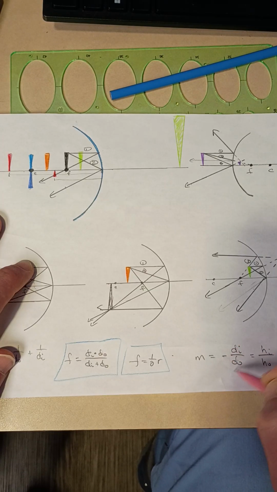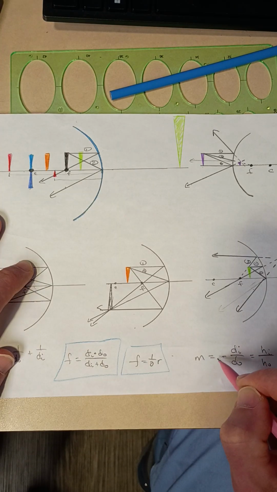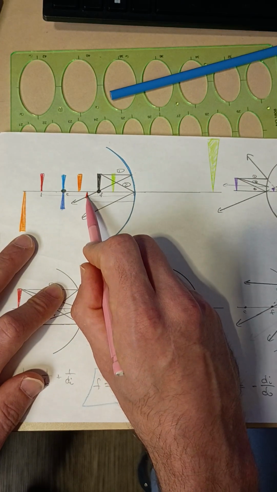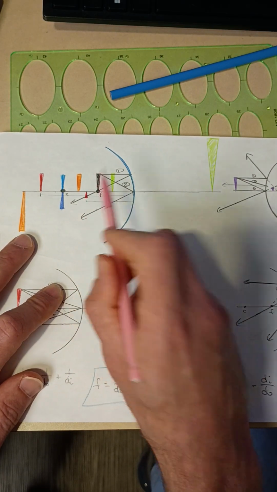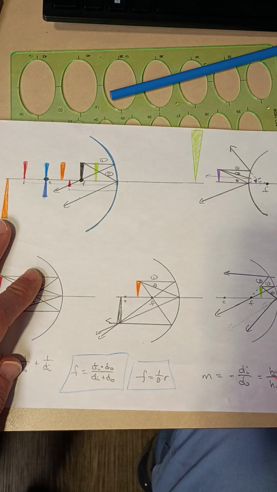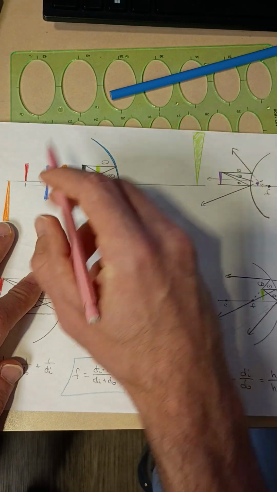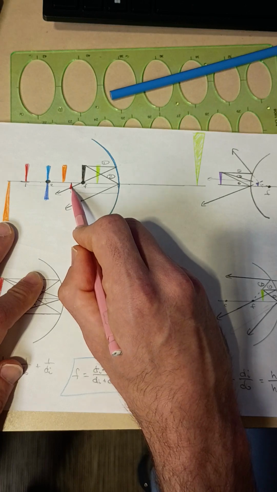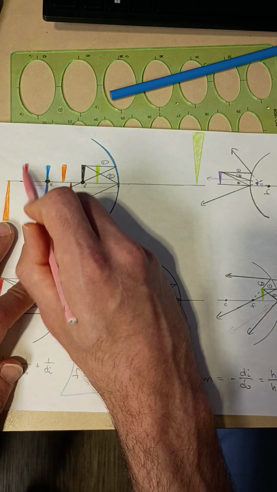Negative, this would be positive and positive. So magnification is going to be a negative value, right? M will equal a negative number. It's negative because the image is upside down. Okay, and then looking at height. Height of the image is, here's the set point, this is a negative height and this is a positive height.